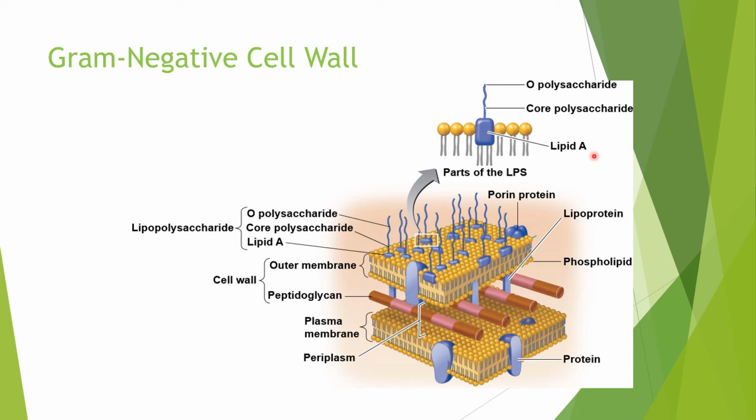Now, having that outer membrane within the gram-negative can actually help the gram-negative bacteria evade phagocytosis. Having that outer membrane can actually help the gram-negative bacteria create a kind of barrier. So that outer membrane acts as a barrier to antibiotics, for example, penicillin.